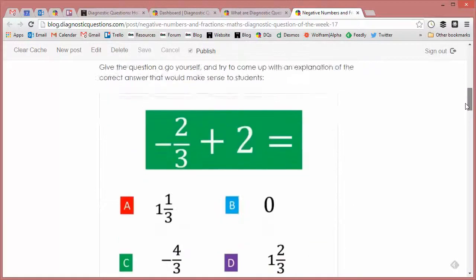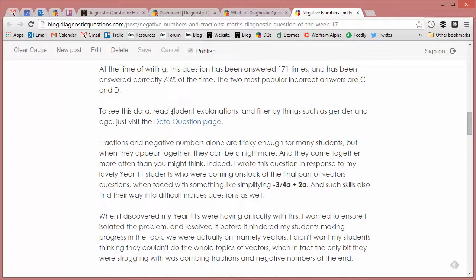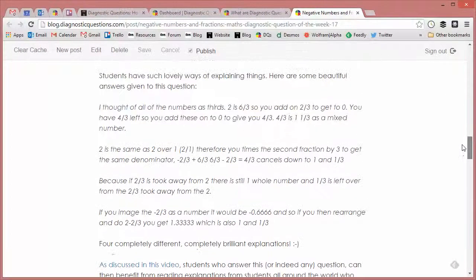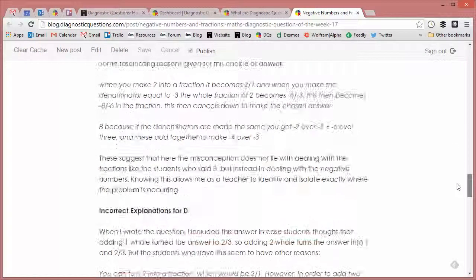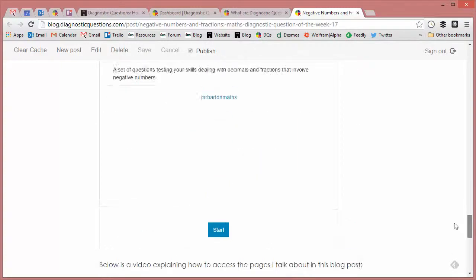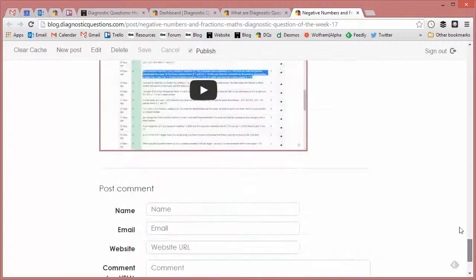So I've chosen a question and I just pick out the key data on it. That one's been answered correctly 73% of the time. And then I actually analyse some of the explanations that have been given on the website by real life students, just to give us an insight into how students think about that particular topic. And then I share quizzes that particular question belongs to.